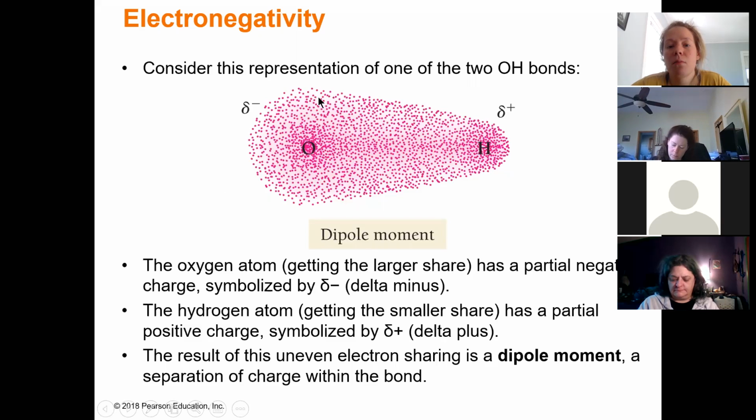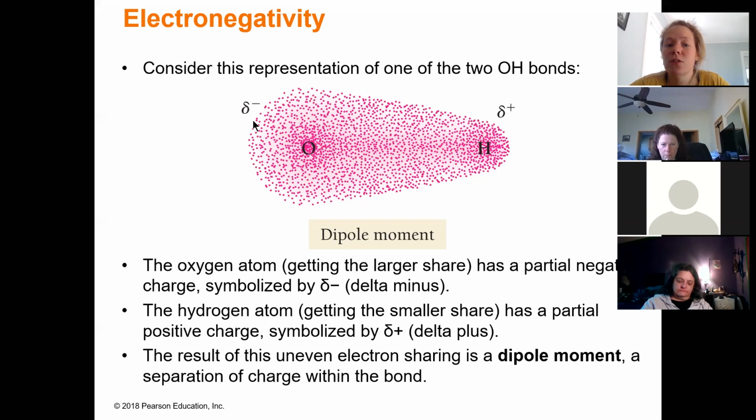So when we have a difference in the sharing of an electron, we get what's known as a dipole moment. And a dipole moment is just where you have the electron sort of hanging out closer to one side. So between the bond with oxygen and hydrogen, this is a probability dot chart. So the probability of where the electron is going to be, we can see the probability is much higher that it's going to be around the oxygen than the hydrogen.